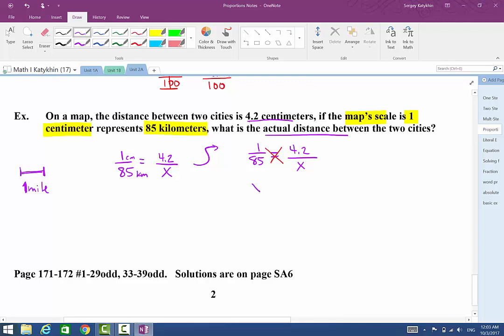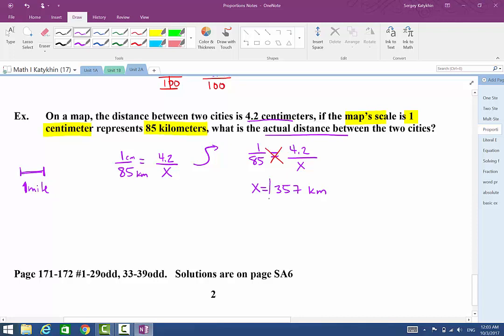You get x is equal to 85 times 4.2, which will give us 357. So 357 kilometers. Now, what does that mean?